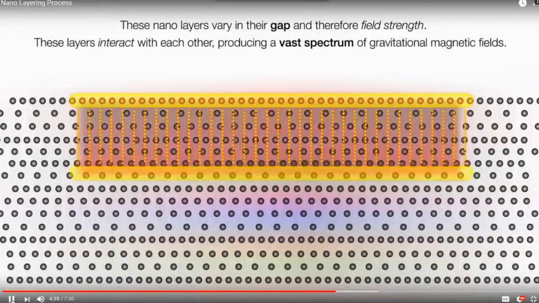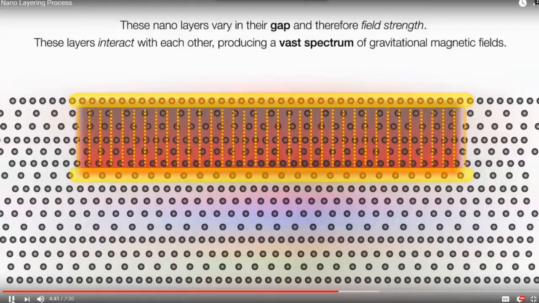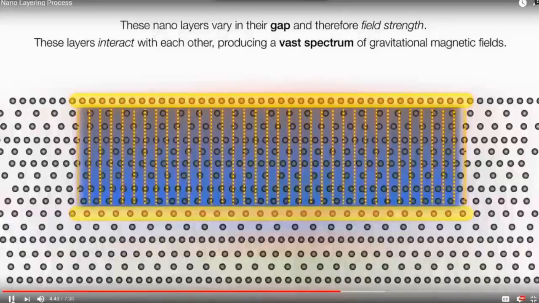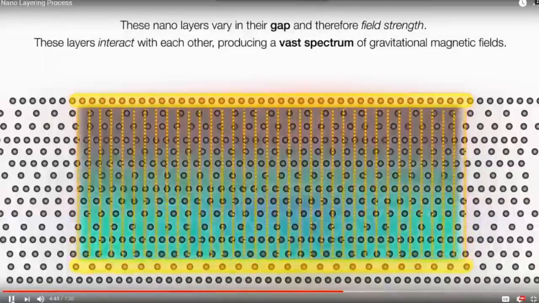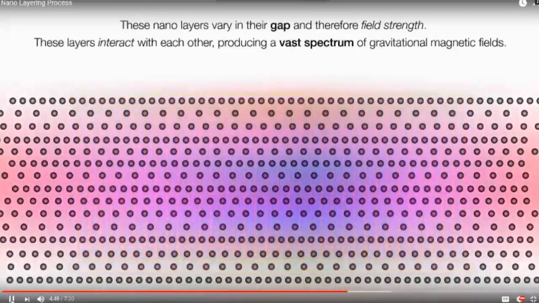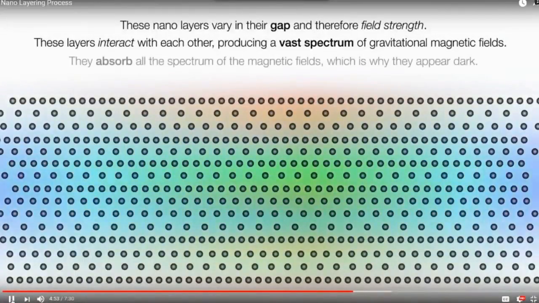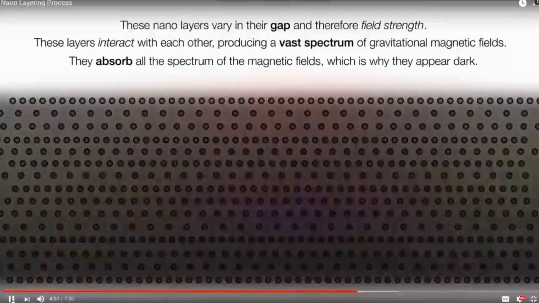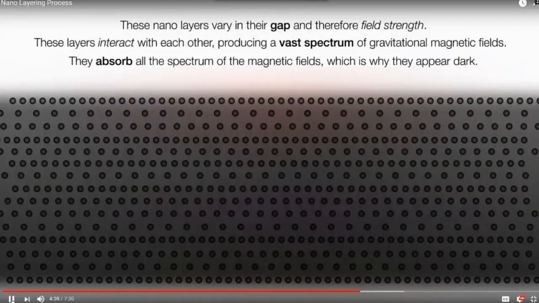These layers interact with each other, producing a vast spectrum of gravitational magnetic fields. They absorb all the spectrum of the magnetic fields, which is why they appear dark.